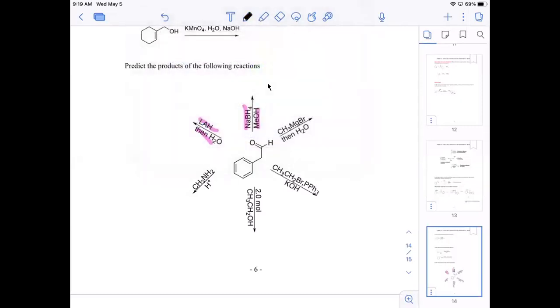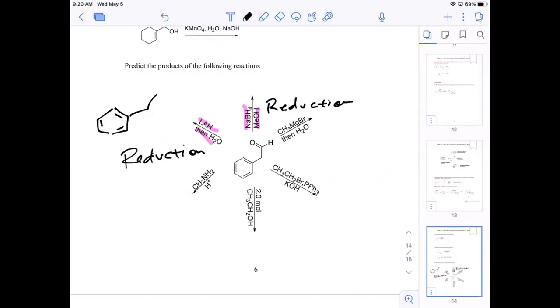It's not going to touch anything except the aldehyde. Both of those are reducing agents. So what should I get?